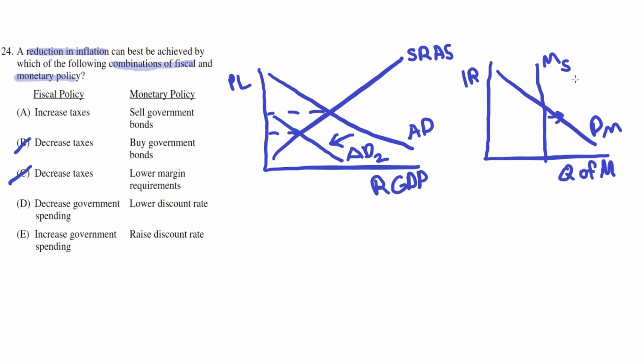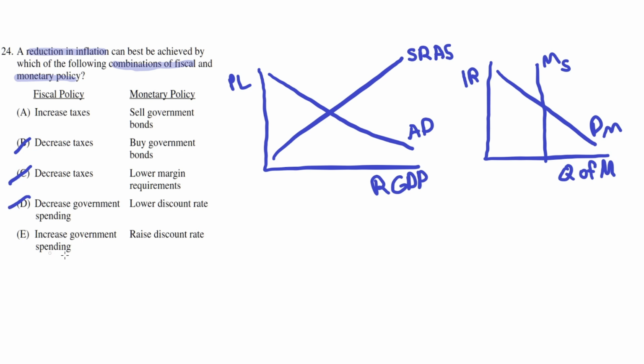This would be represented by a shift to the right in the money supply, and this is not good because this would result in the decrease in interest rates. A decrease in interest rates would mean investment spending increases, and this would result in a shift right of the aggregate demand. So this would not reduce inflation. So lowering discount rate is not a good move for the monetary policy in combating inflation. So D is also incorrect.